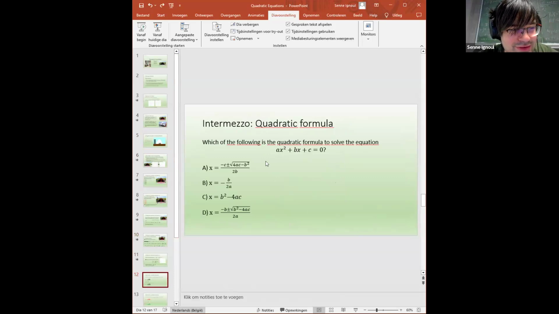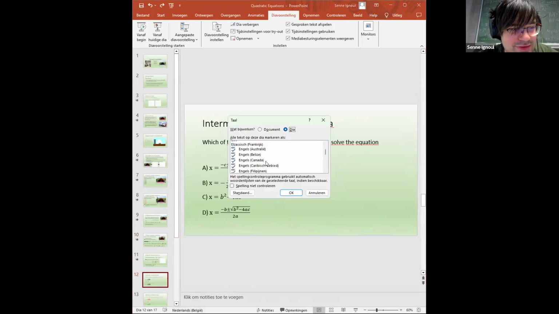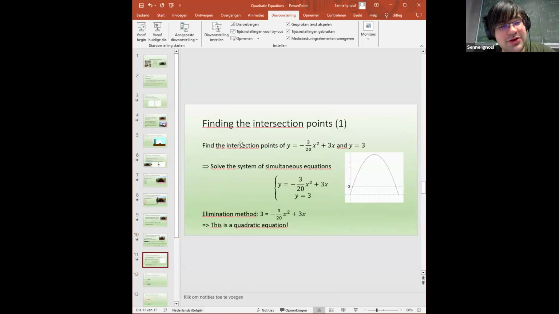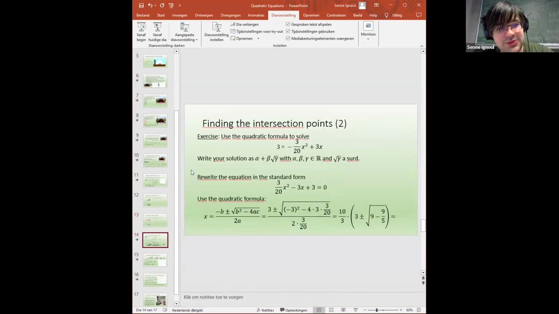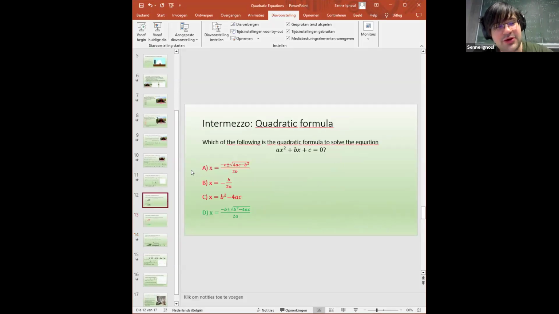Okay, what was your intention? What does it mean from your end? Intermezzo means something in between. We are trying to find intersection points, and here we will again try to find intersection points. But before we continue, we have a little intermezzo. We do an extra question. I was trying to relate it to music.